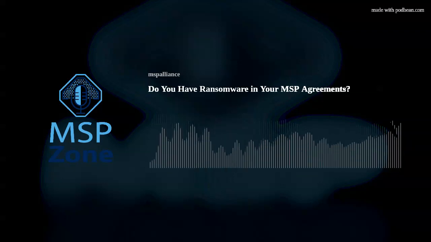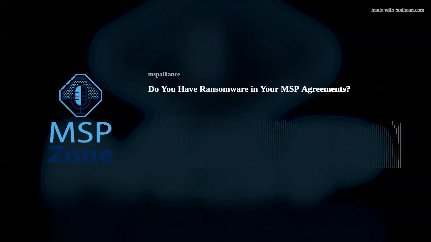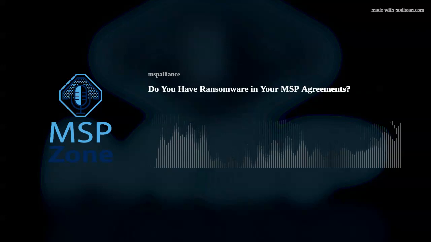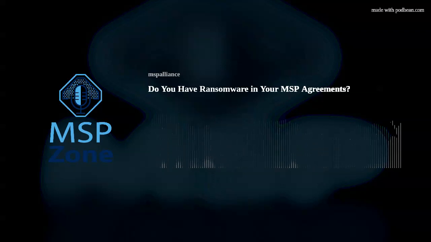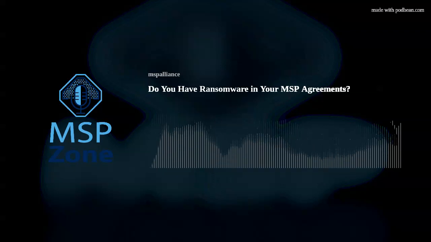The MSP is not to pay or get involved in paying. Two, that if the MSP is to provide remediation services in connection with a ransomware attack, such services are above scope for purposes of the monthly recurring revenue and the monthly managed services. It would be treated as a project.